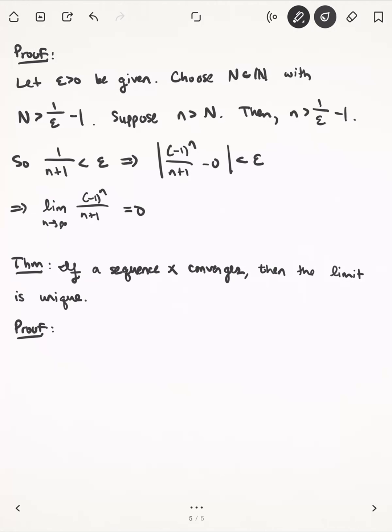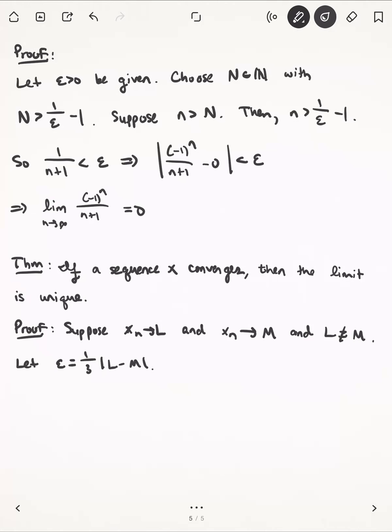In a uniqueness proof, you assume that whatever you think is unique is not unique and try to run into a contradiction. So suppose xn goes to L and xn goes to M and L is not equal to M. Let epsilon be equal to 1/3 times the absolute value of L minus M. What is this weird choice?